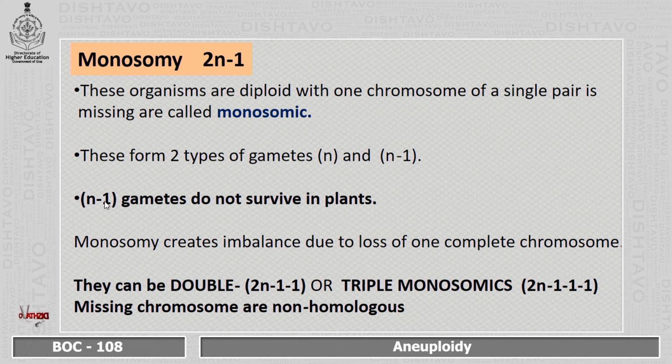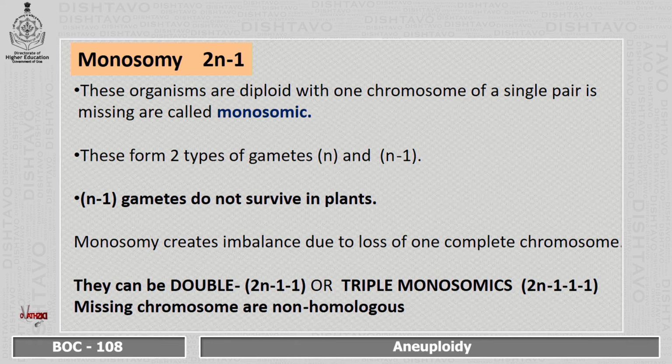The gametes normally do not survive in plants, and monosomy creates imbalance due to loss of one complete chromosome.